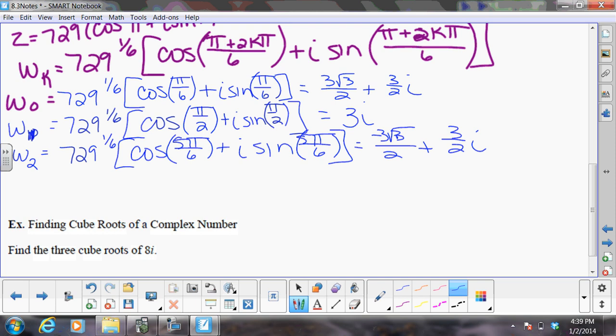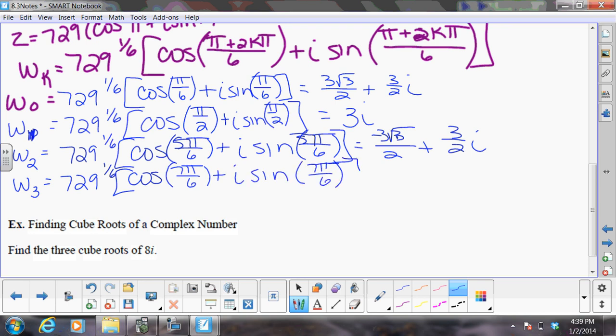3 more. Plug in 3. If I plug in 3 for k, I get pi plus 6 pi, which is 7 pi. So 7 pi over 6. This eventually evaluates to negative 3 radical 3 over 2 minus 3/2 i.